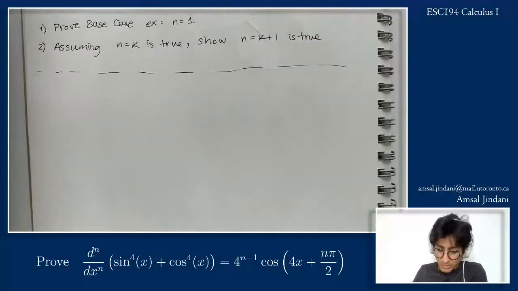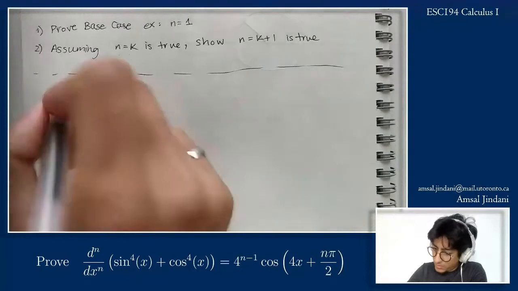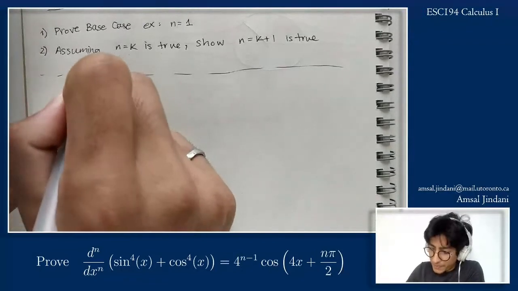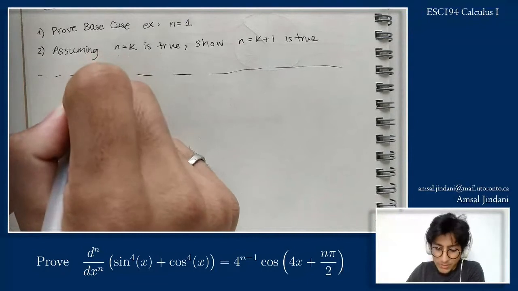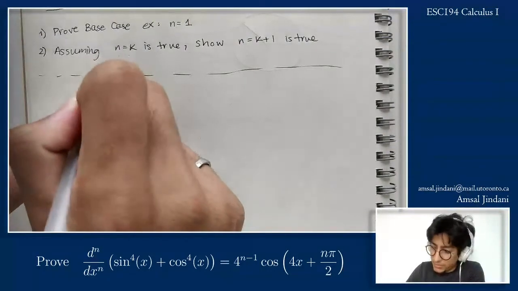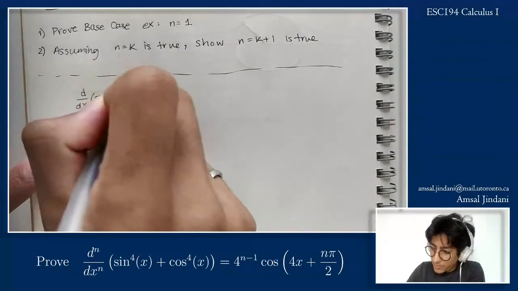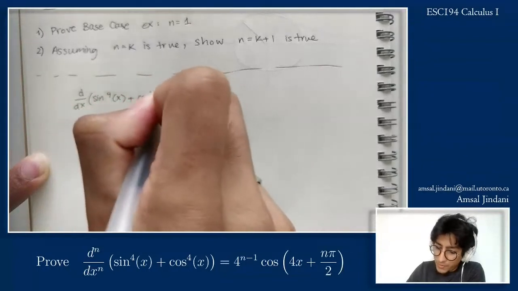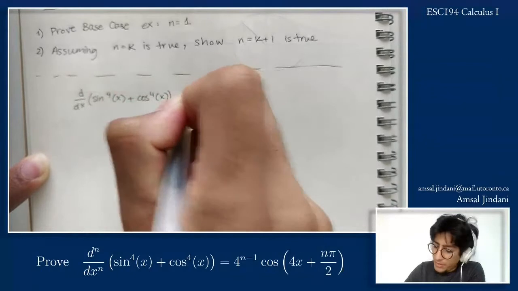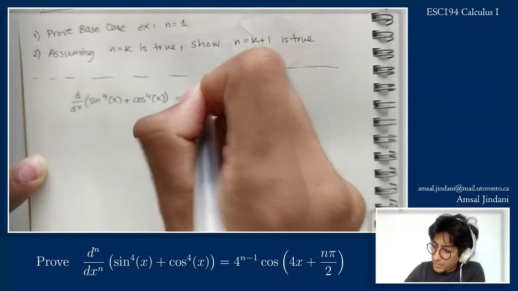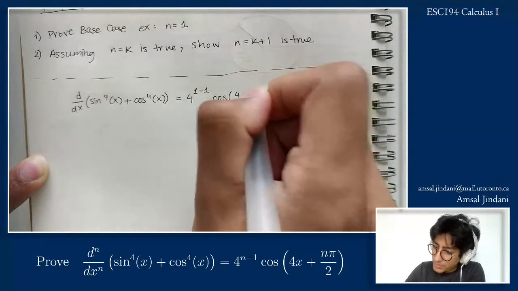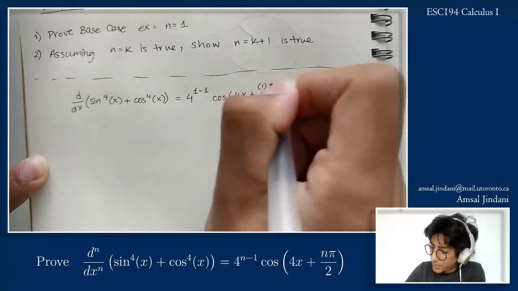So now let's actually get started with the base case. For us, the base case is going to be n equals 1. So if I plug in n equals 1 into that formula, I get d by dx of sine to the power 4x plus cosine to the power 4x equals 4 to the power 1 minus 1 cosine 4x plus 1 times pi over 2.